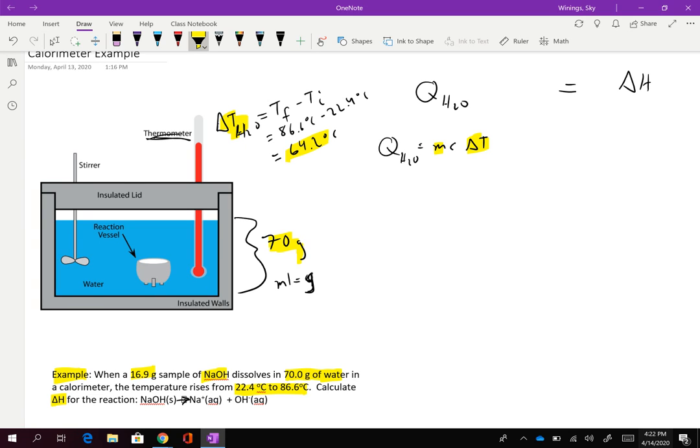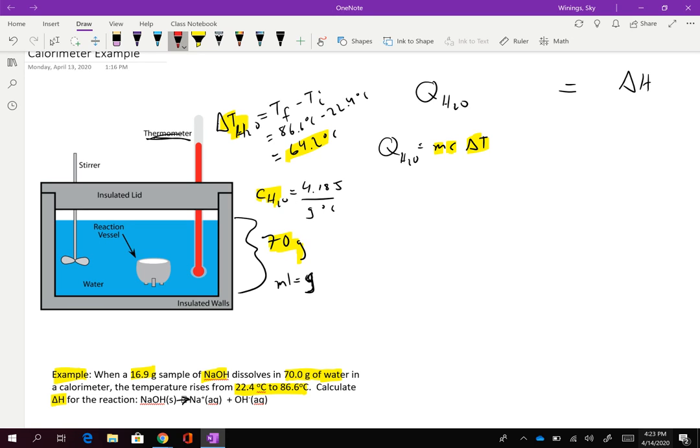All I'm missing is my specific heat, and you just have to remember that the specific heat for water is always equal to 4.18 joules per gram degrees Celsius. So now we have our specific heat too. Voila, we just plug everything in.